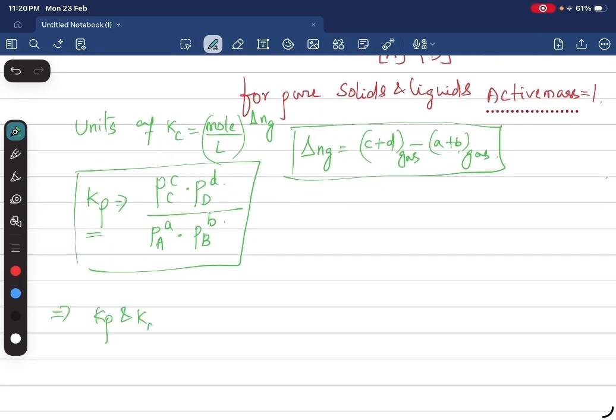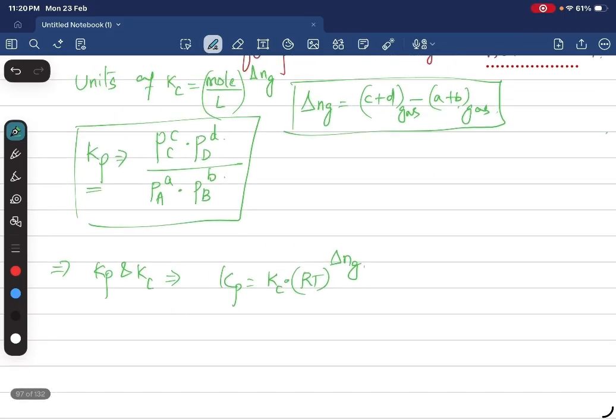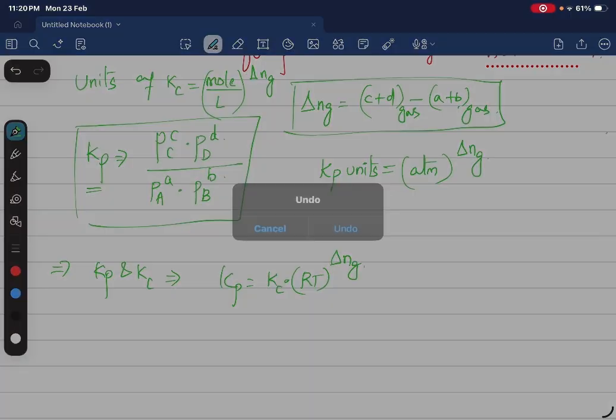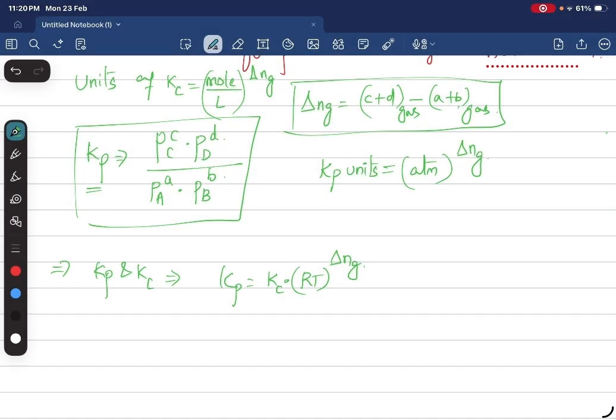The Kp and Kc relation is Kp equals Kc into (RT) whole power delta ng. Kp units are atm power delta ng.